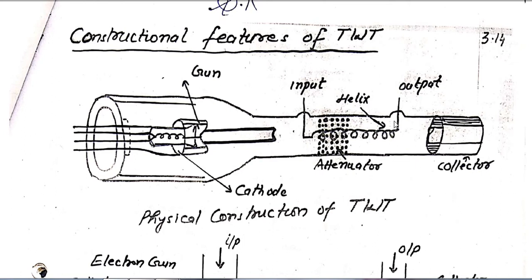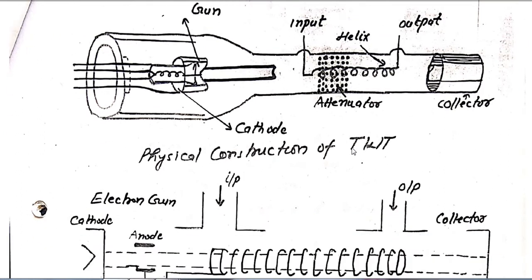The amplified signal appears at this output, at the other end of the helix, under appropriate operating conditions. This is the collector of electrons, and these dots are working as attenuators.